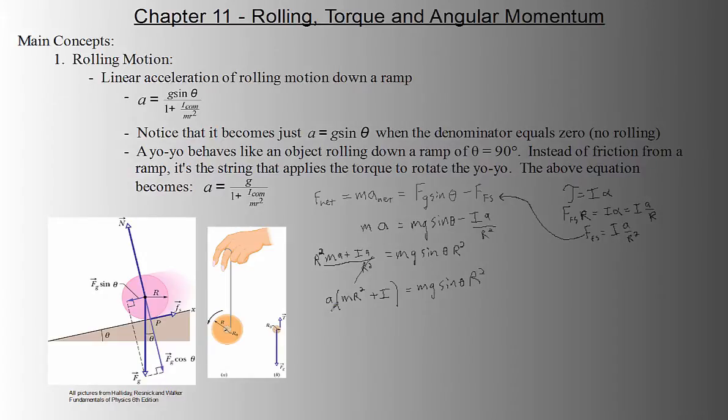And then we can divide both sides by this, plus I. So that goes bye-bye. A equals mg sine theta R squared over m R squared plus I.